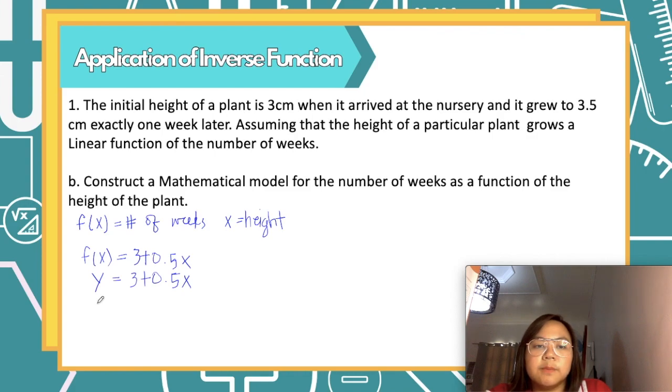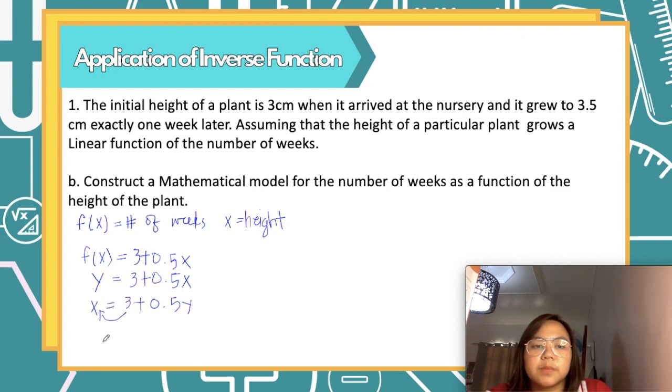So, this will be x is equal to 3 plus 0.5y. Okay. And then we solve for y. So first we will be transposing 3.